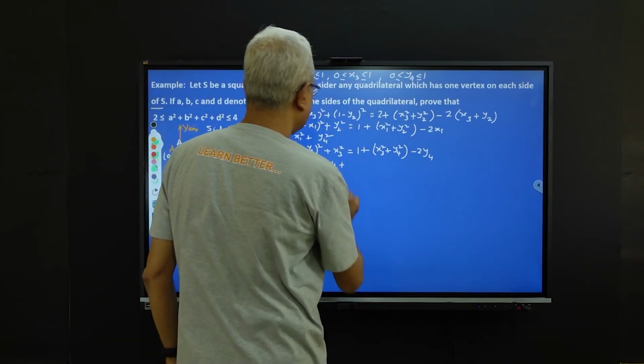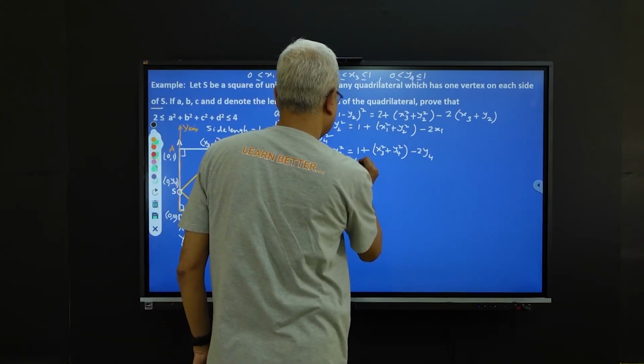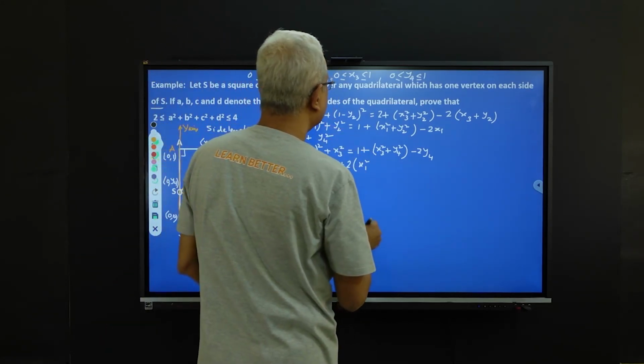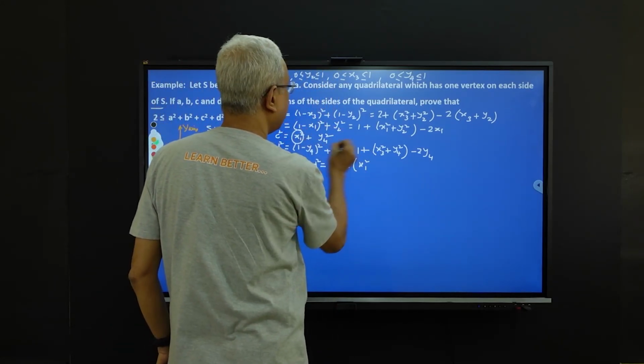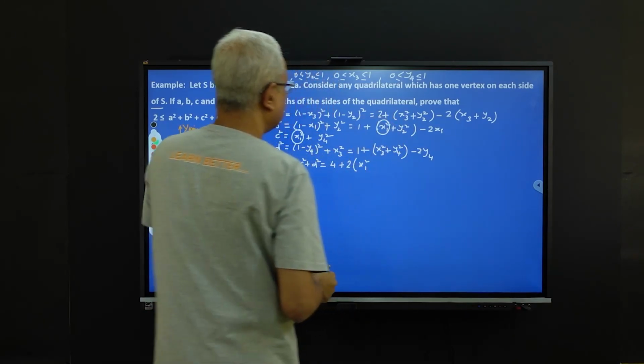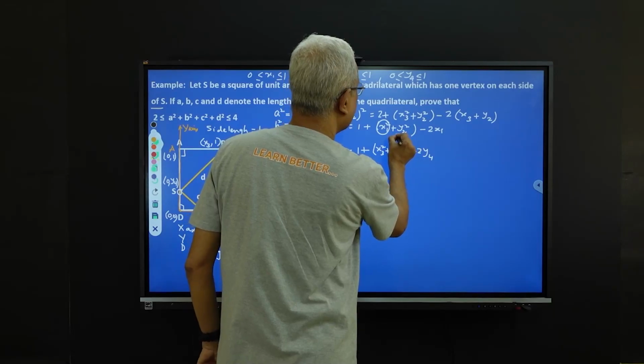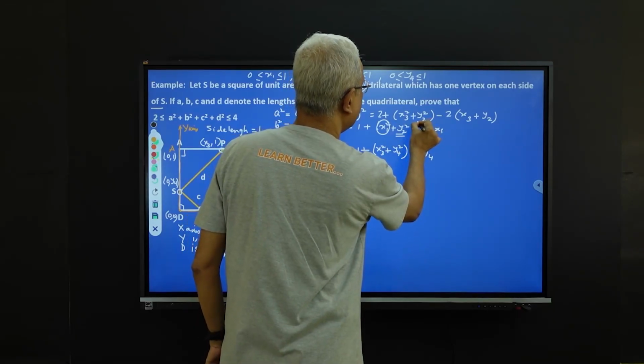So I get 2x1 square plus 2y2 square, because here one y2 square and here one y2 square.